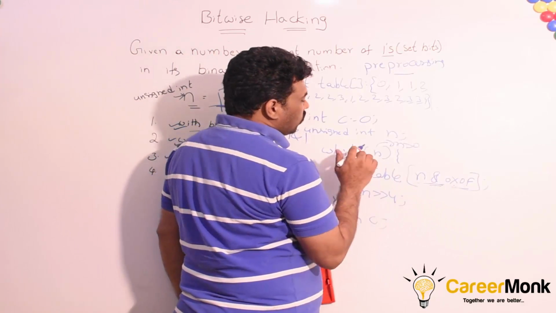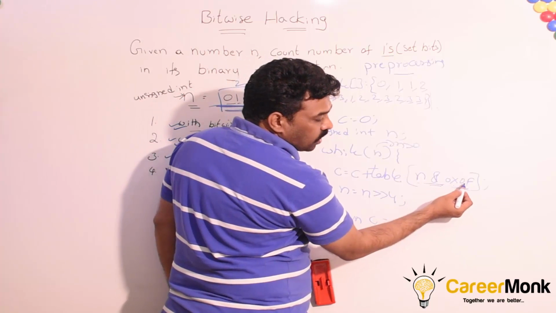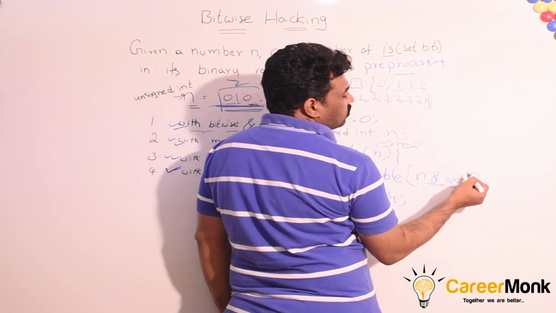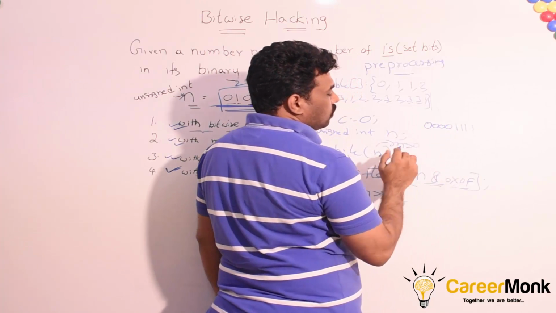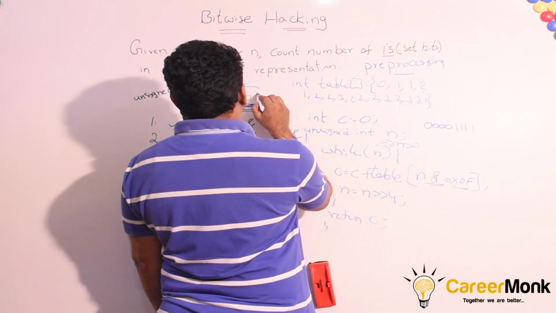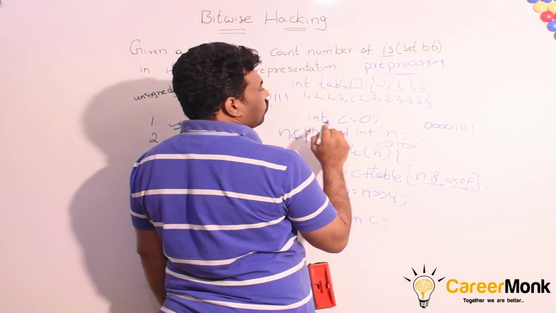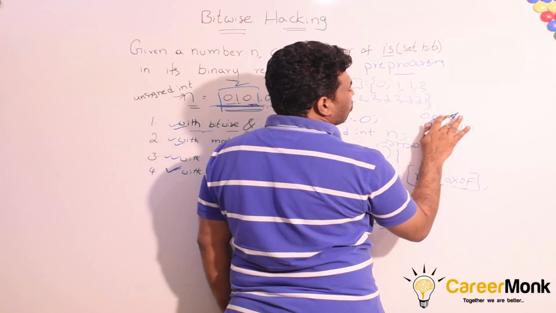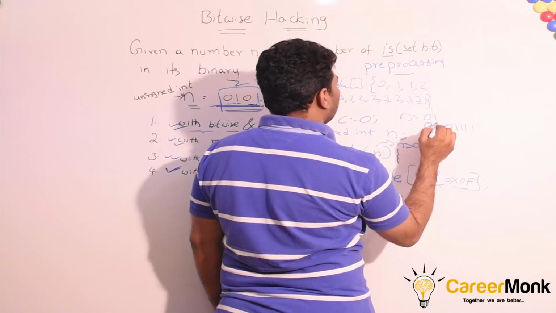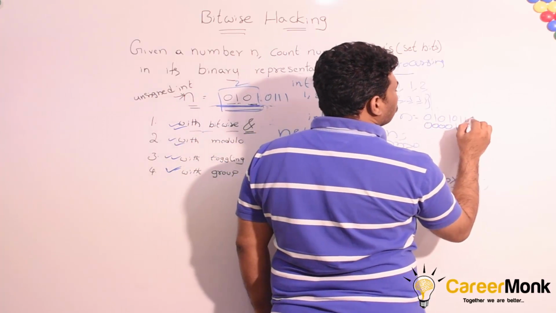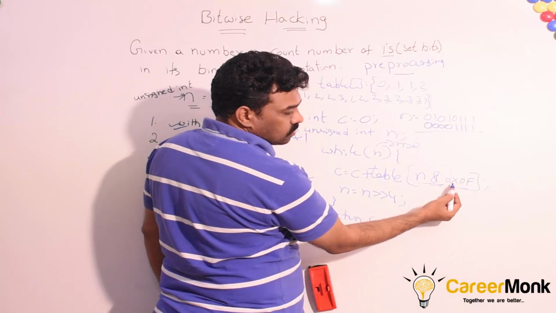Since we are performing bitwise AND with 0x0f, the hexadecimal representation is nothing but 4 zeros followed by 4 ones.